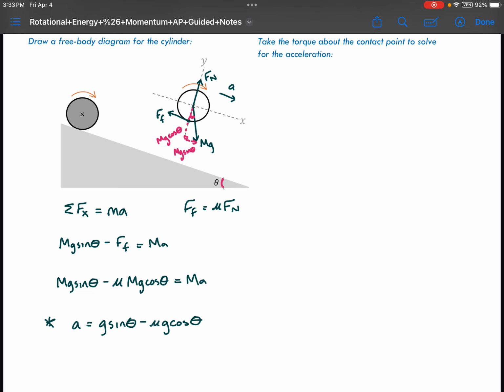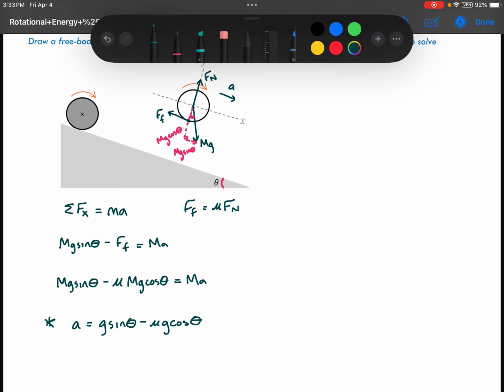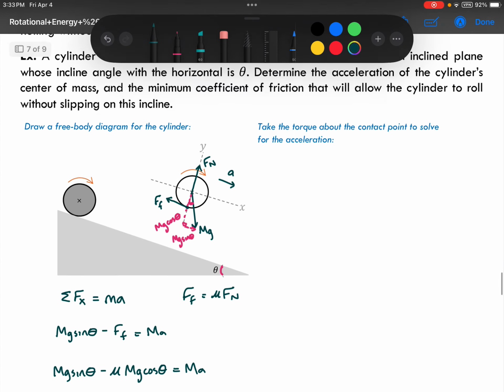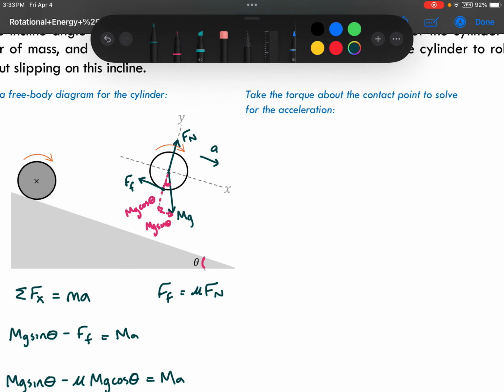And I had mentioned that we're going to approach that by looking at the net torque equation on our cylinder as our second equation to get this unknown. So we will be looking at the torque about the contact point to simplify things for us. Net torque, Newton's second law in rotational form, equals I alpha.